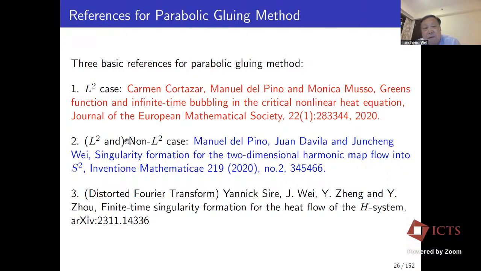This paper contains both the L2 and the non-L2 case. The distorted Fourier transform is contained in this paper with Yannick and Yifu Zhou for the H system.